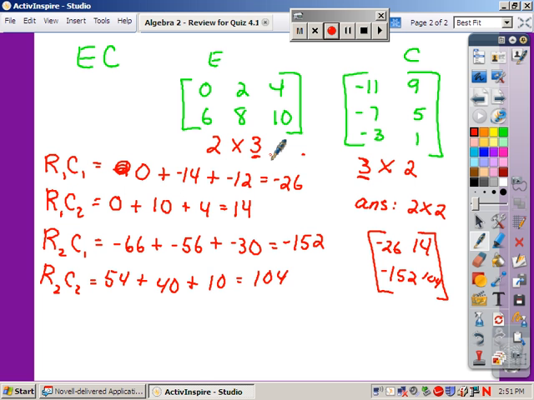The idea is that ultimately every row has to get multiplied by every column. So in this case, it happened to be that it was only 4 things that we had to do. In class, we did the one that was longer, the 3 by 3 times the 3 by 3. Depends on what the size is and how big the answer is, but the principle is the same no matter what. Always a row times a column, a row times a column.